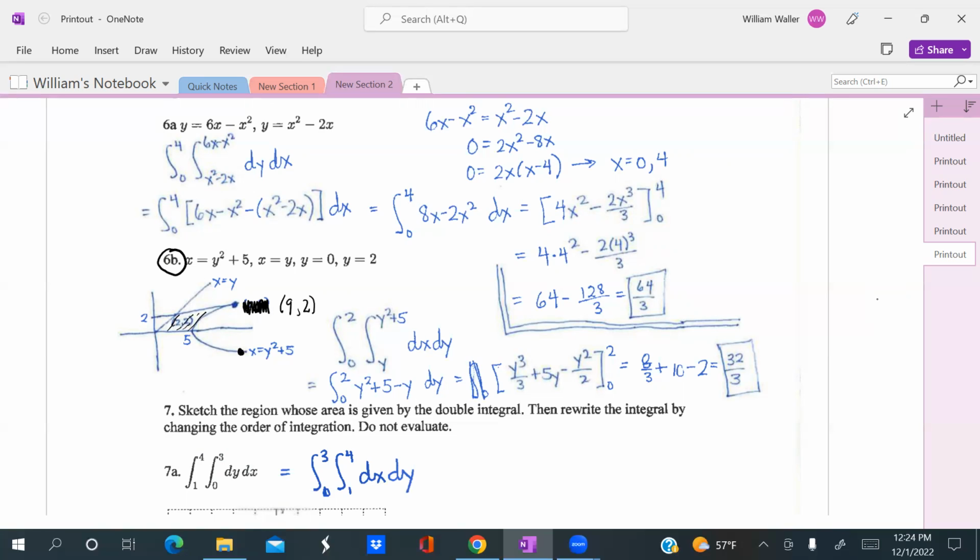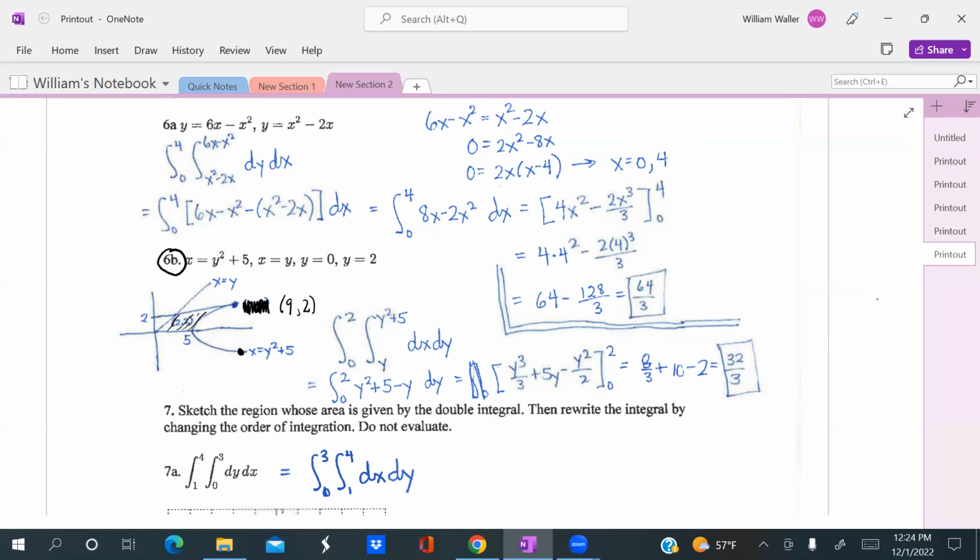Now, it's important to notice that this is a horizontally, not vertically, simple region, because it is just the region between two curves, one curve on the left and one curve on the right.